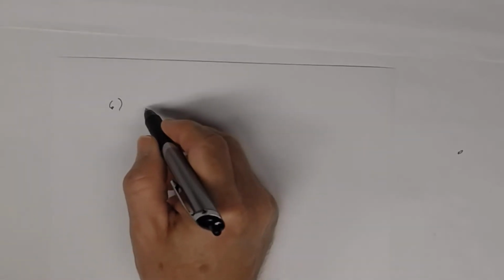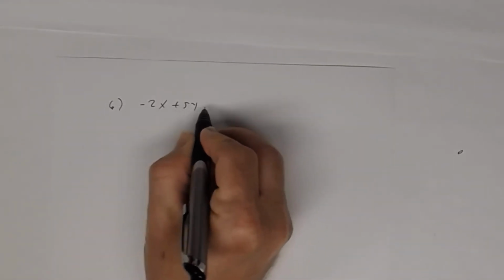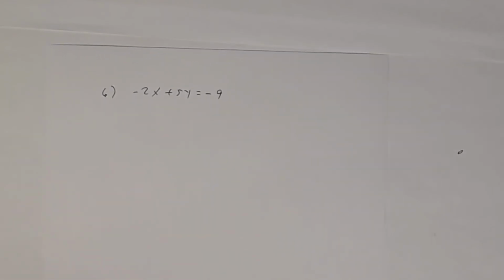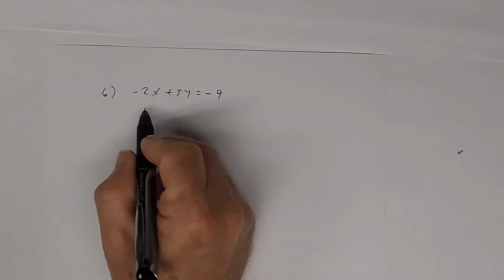So number 6. In number 6 we have negative 2x plus 5y equals negative 9. All right, so let's just think about this, okay? I want to get y by itself, so I'm going to go ahead and add 2x to both sides.